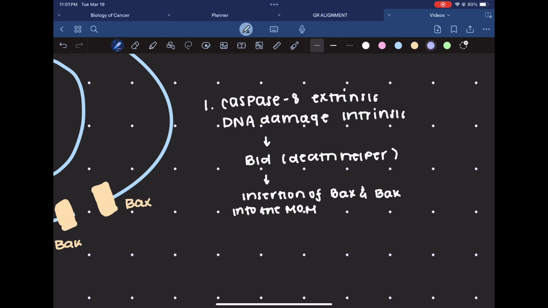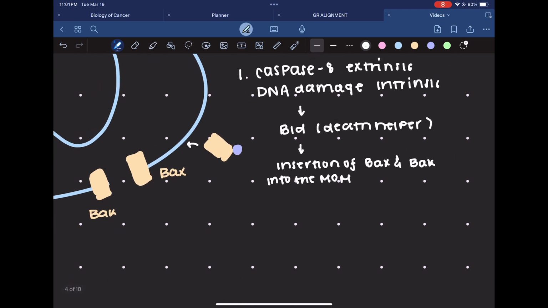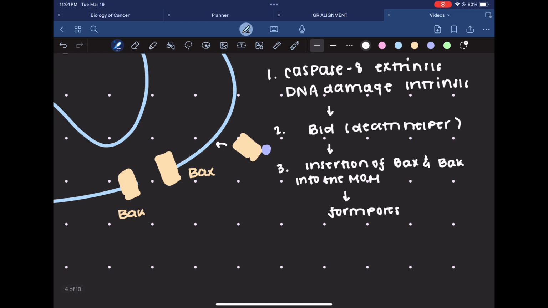So if I have BID here, it's going to be interacting with these proteins and inserting them into the membrane prior to this pore formation. So this is kind of step 1, 2, and 3. And now we're able to form pores at this step, which brings us right back to where we were at the start of this video.